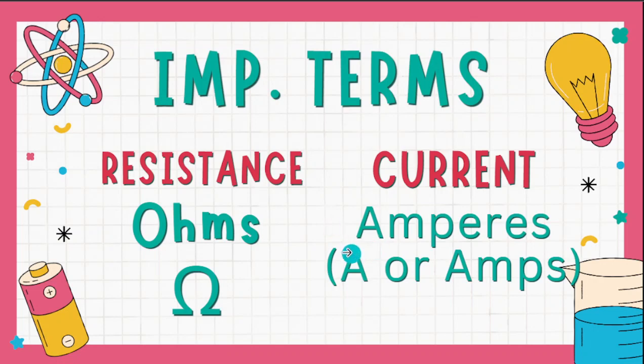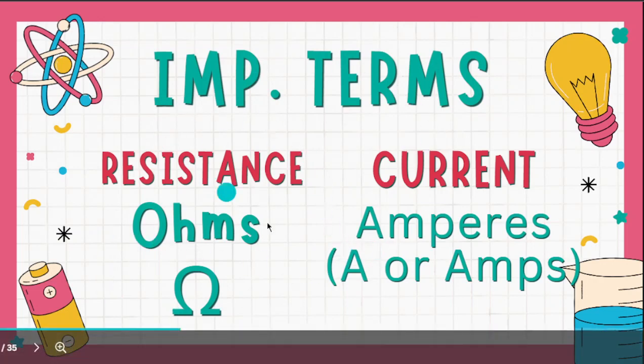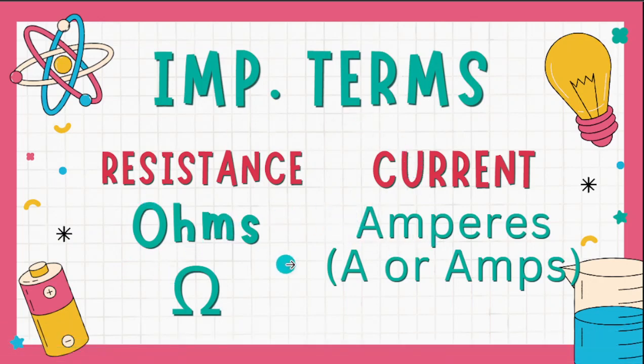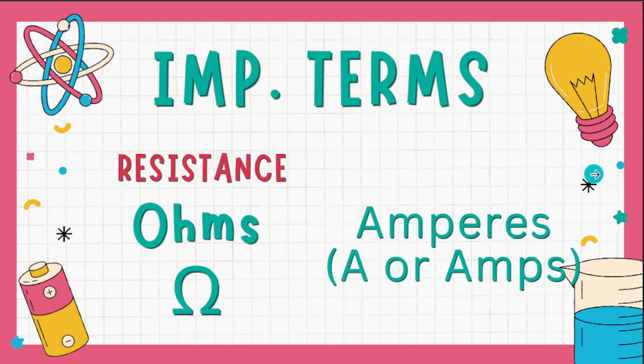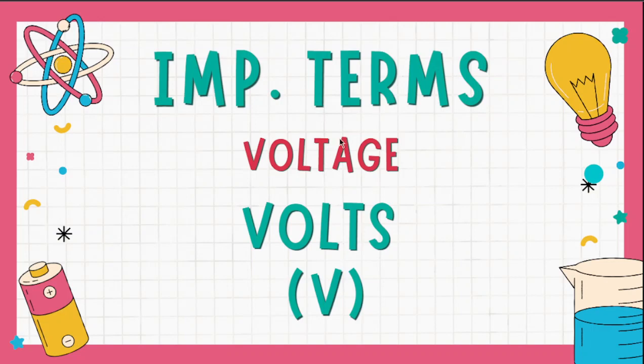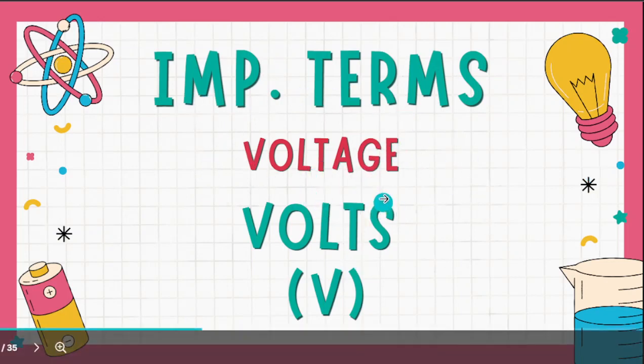While solving problems or writing answers, instead of writing the whole word ohms, we use this symbol, and instead of writing the whole word amperes, we just write A. So resistance and current are the main terms. Now let's understand what they actually mean. First let's cover voltage. The SI unit of voltage is volts, which we refer to as V.